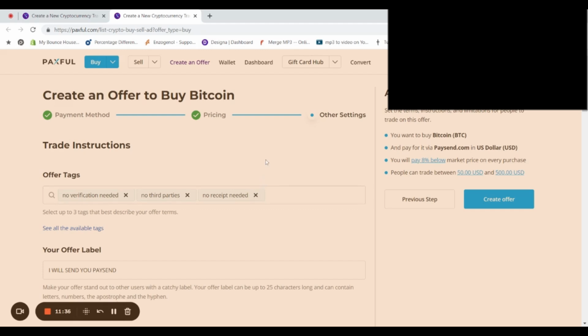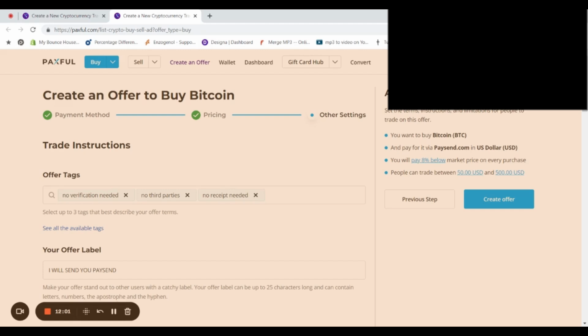So this is the really comprehensive, step-by-step on how to actually create your ad once you've discovered your marketplace. The marketplace is the most important in figuring out which payment methods you would have access to. After that, you set up your buy.